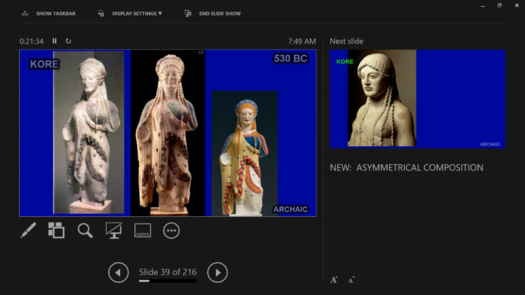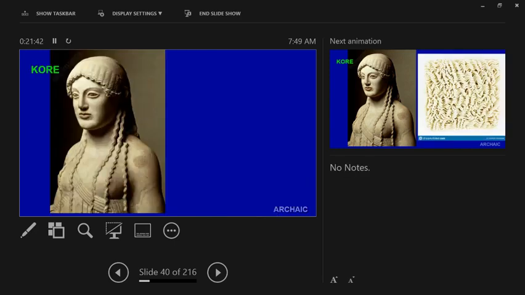And then notice the hair now begins to go around the forms of the body, and you can see that again over here. So they're being a little bit more natural with the way the hair goes around the body. However, the hair still looks unrealistic.